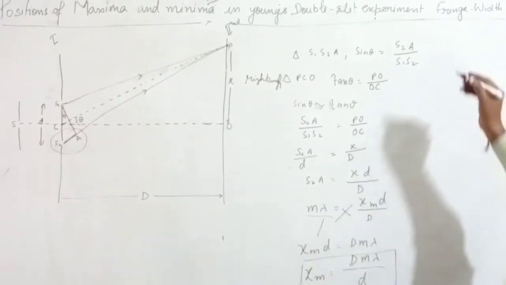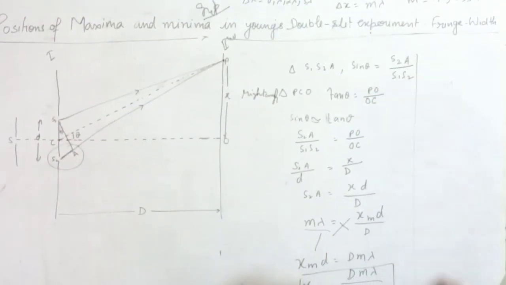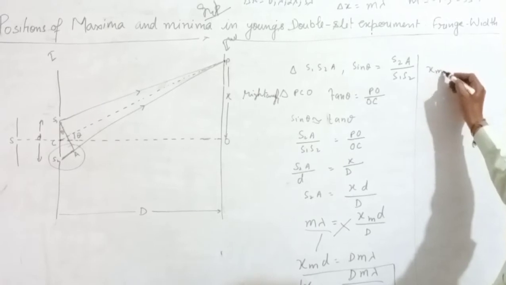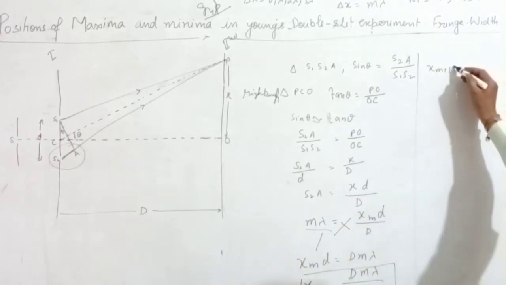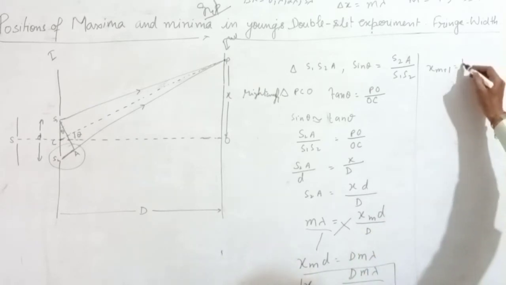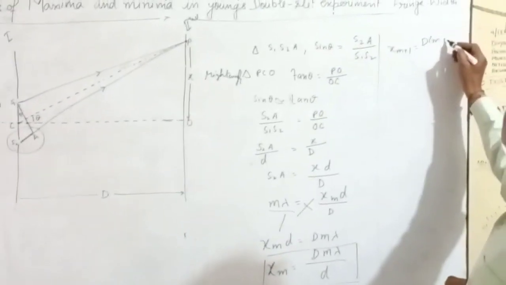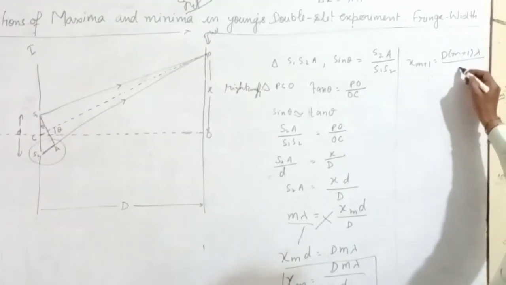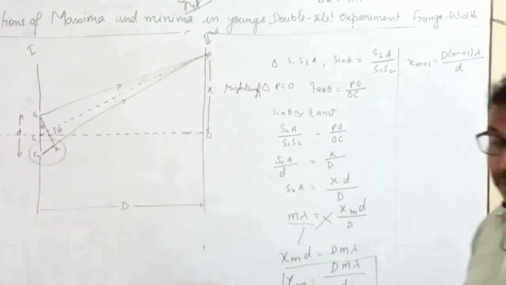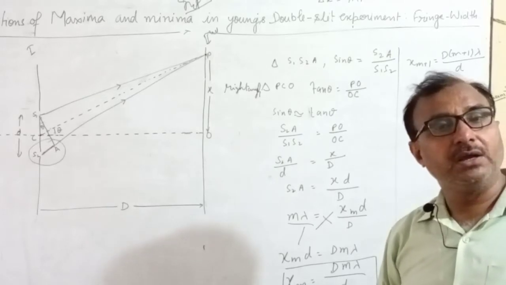Now you want to find out another, xm plus 1 fringe. Then in place of m you are going to write m plus 1: D (m plus 1) lambda upon small d.